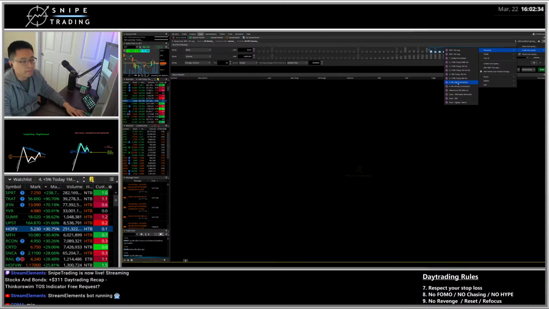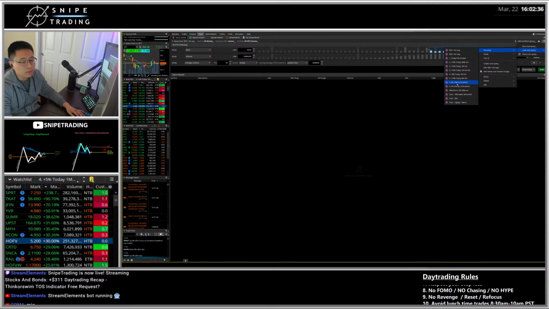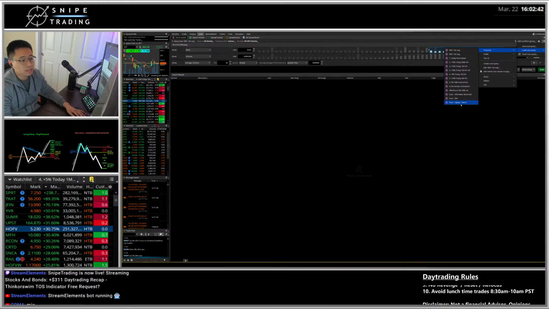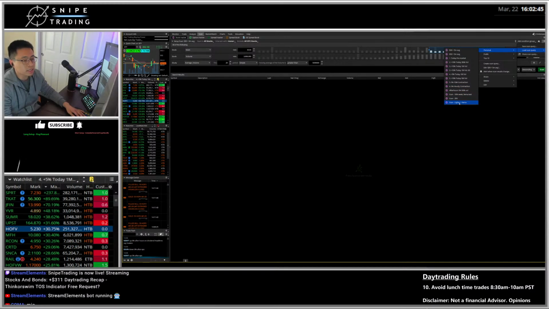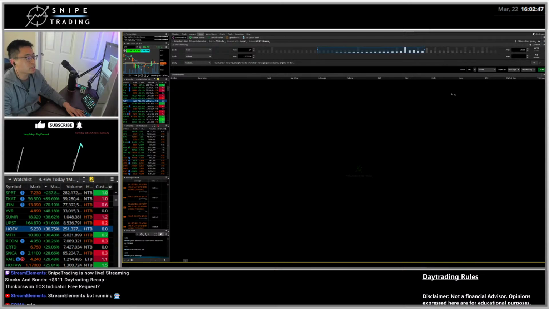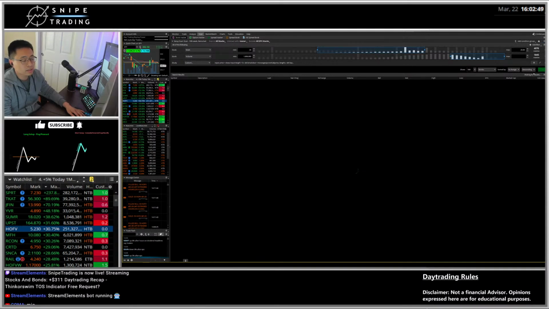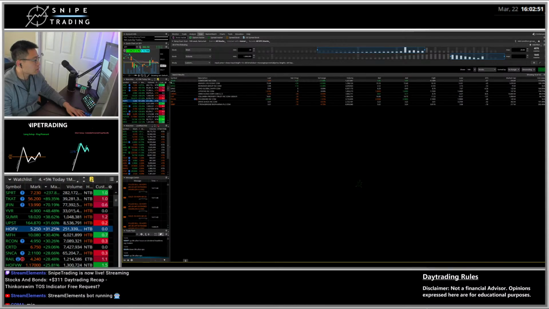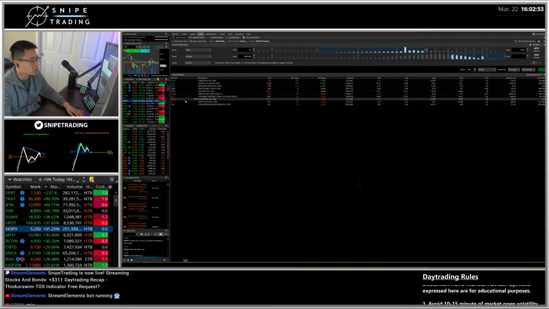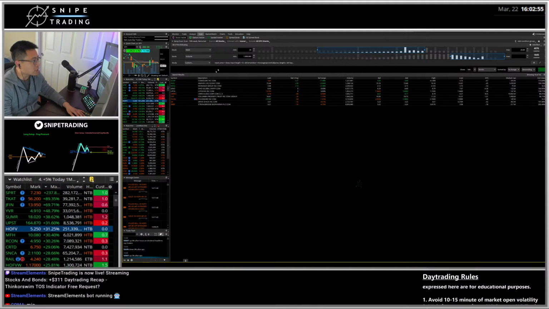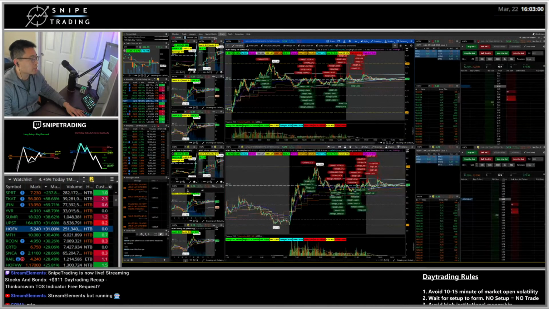But I also have scans for things that are creating higher lows, like 15-minute contraction, hourly contraction, or green days that are testing the 90 MA, right? So I have a list here, and these are stocks that are up on the day and almost touching the 90 MA or above it.